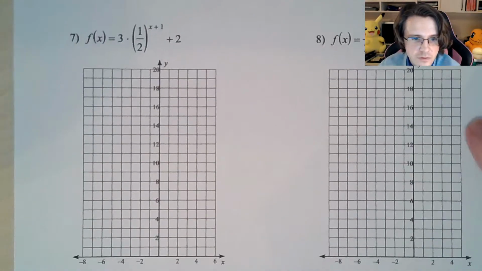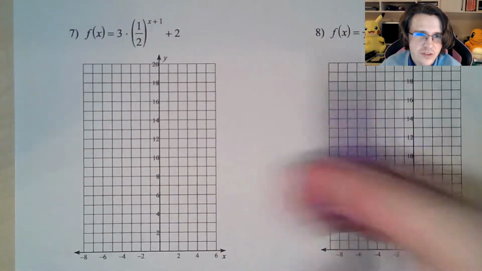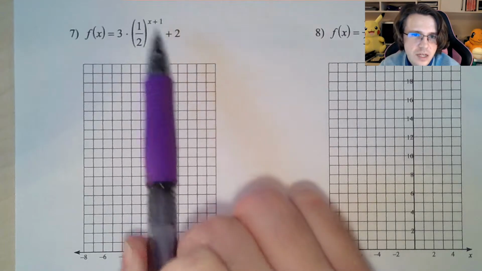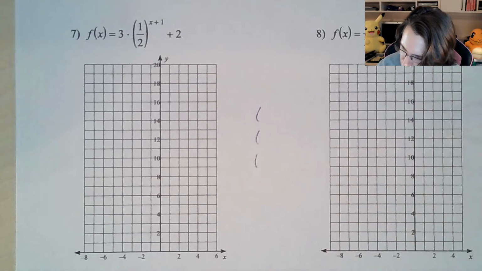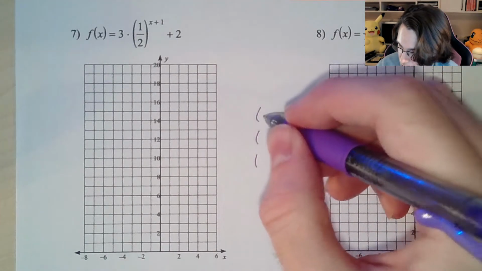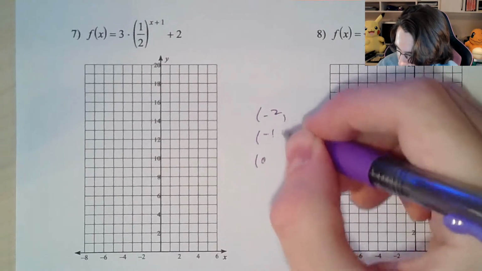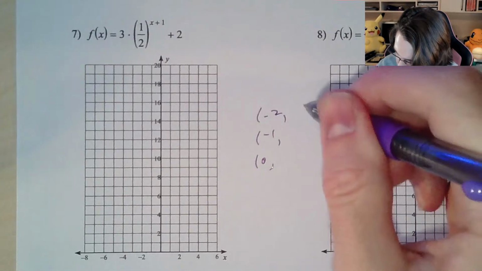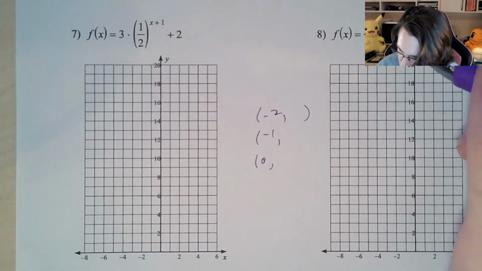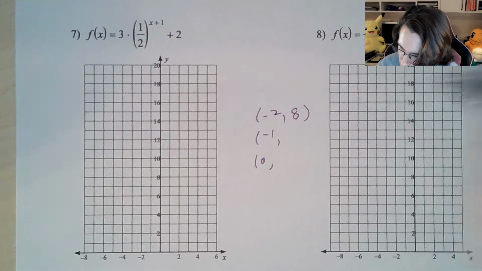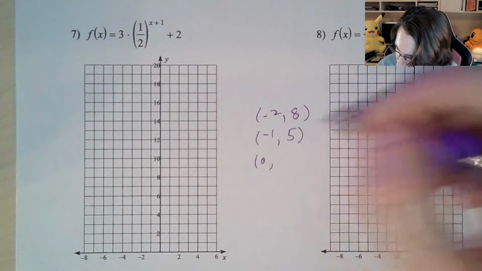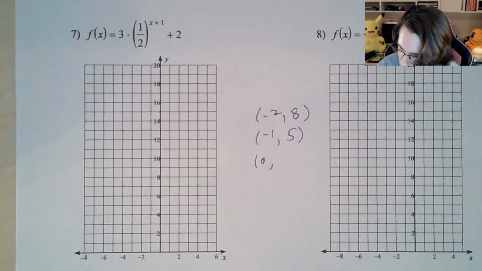Let's finish it off. For this one, now we have to do all kinds of extra stuff. We have a different coordinate we have to plug in, and we're going off to a different number. So we are going to have to plug in quite a few different values here. But for this one, we want to plug in -2, -1, and 0. Those will be our best bets. When you plug in -2, it looks like we're going to end up with an 8. When you plug in -1, you'll get 5. And when you plug in 0, you will get 3.5.